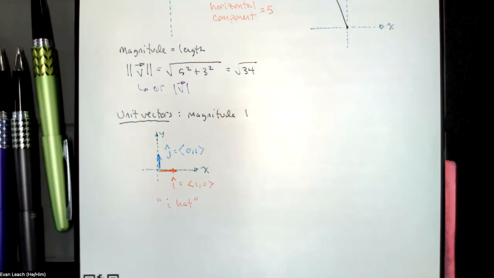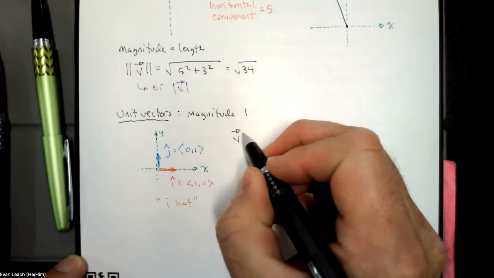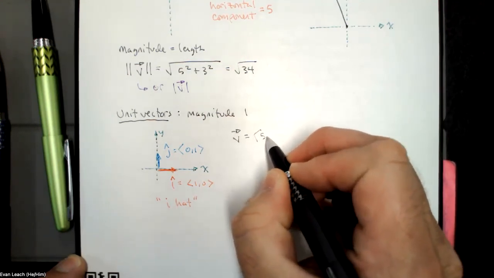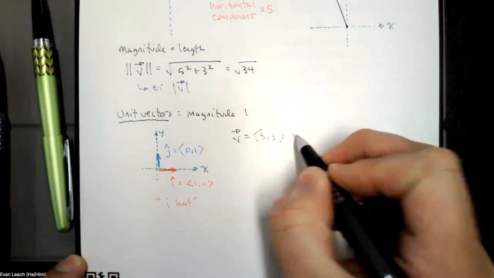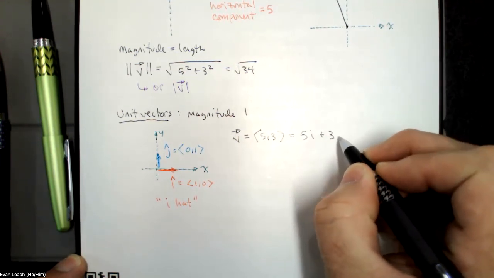The component itself is just a scalar, but these are going to be also our components. We're just getting one direction. So we'll have a horizontal component counting how many i's we need, and then a vertical component, how many j's we need. So we can describe that vector v as 5i and 3j.